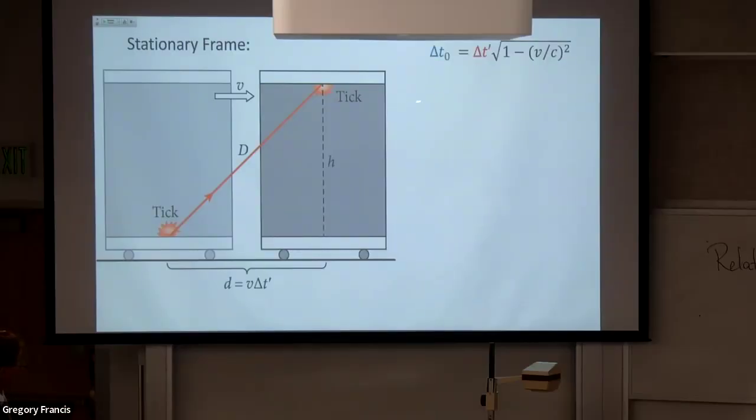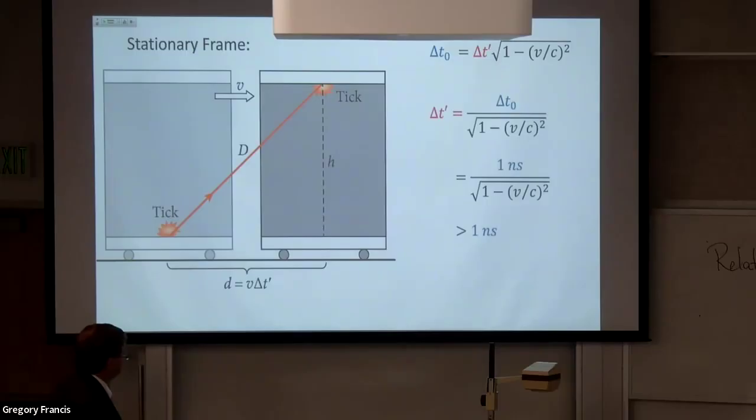So if I look at this equation that we just derived, and then we look at how much longer it looks to someone on the sidewalk, I just divide both sides by that relativity factor. Because that relativity factor is always less than 1, I'm going to get a number bigger than 1.